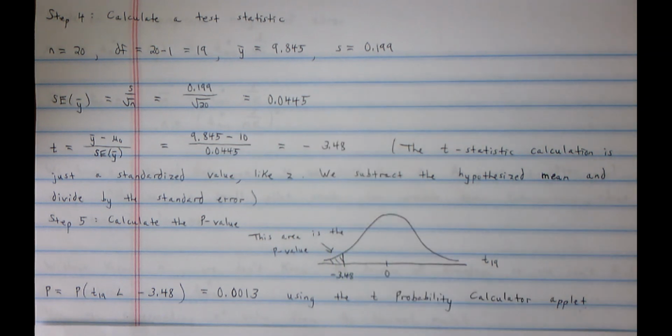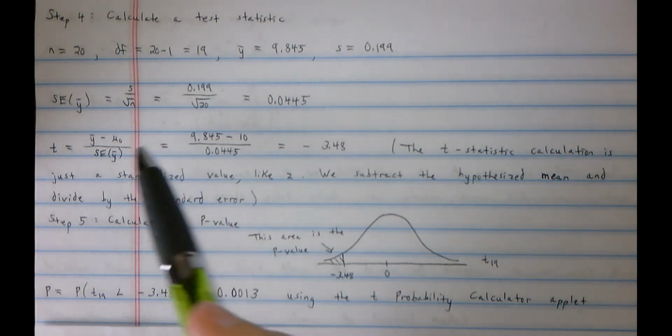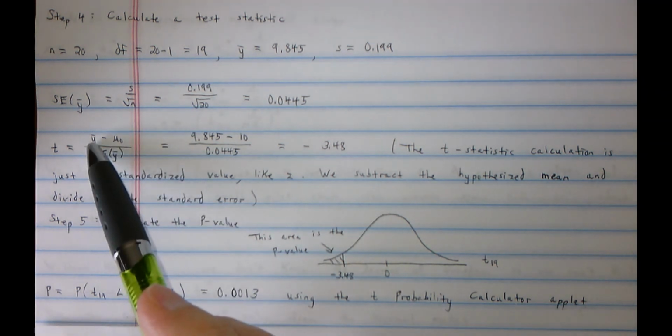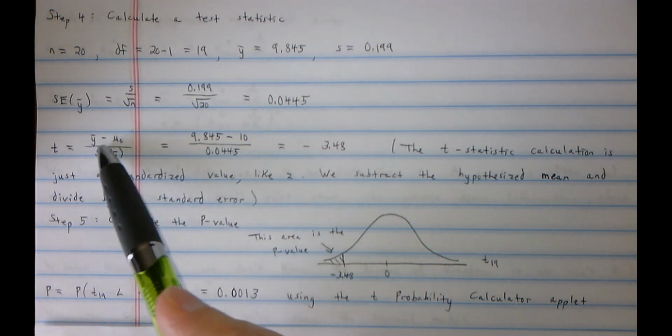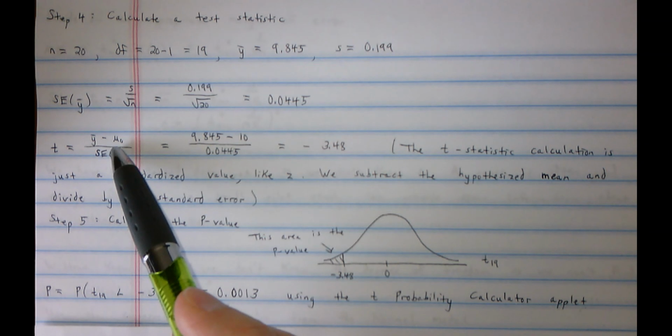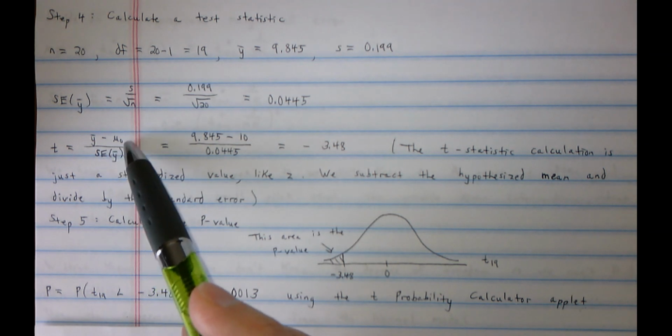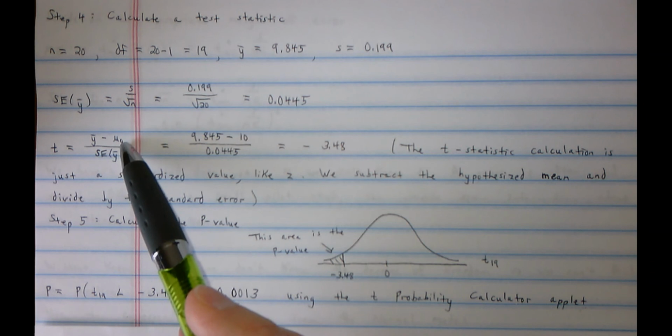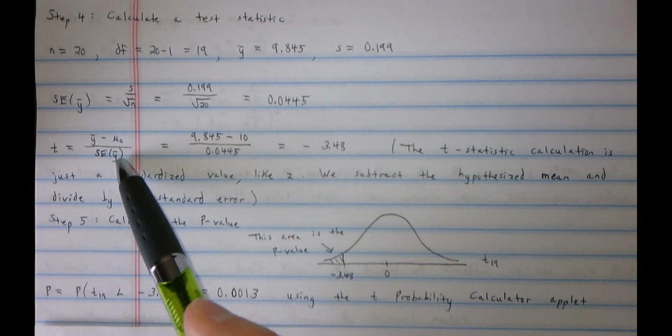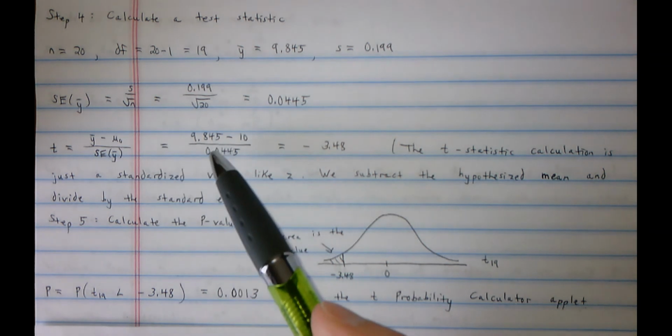Now we'll calculate the t statistic, and it's just a standardized value like z. We end up taking the sample mean, y bar, subtracting the hypothesized mean, mu naught, so remember this is coming from the null hypothesis, and then dividing by the standard error. So here's what that looks like.